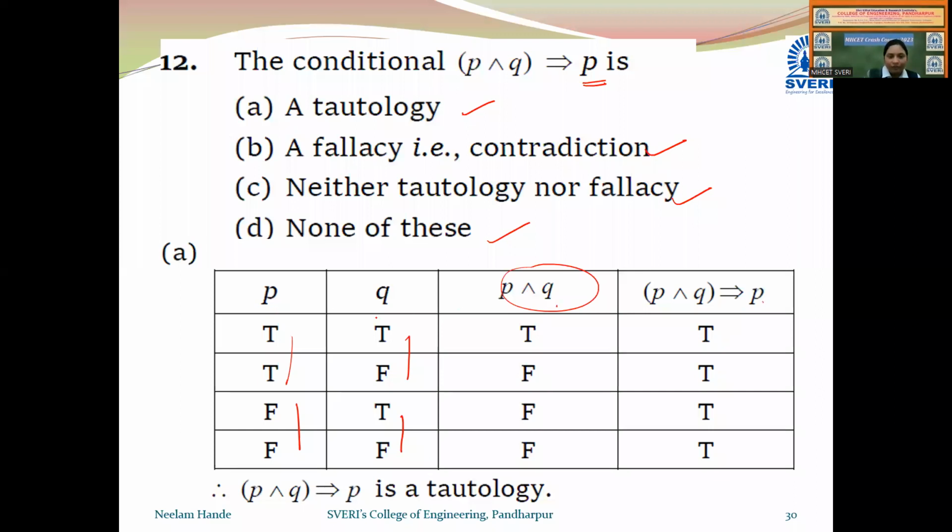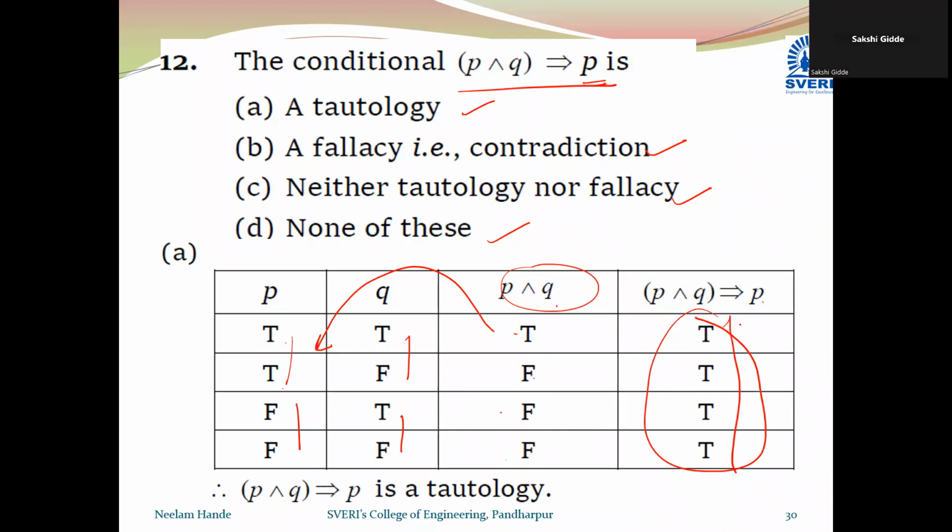P and Q implies P. In the implication table, true, true is true, then false, true, false, false, false, and false, false. All are true. So whatever we require, it is all true. And all true is what? Tautology.